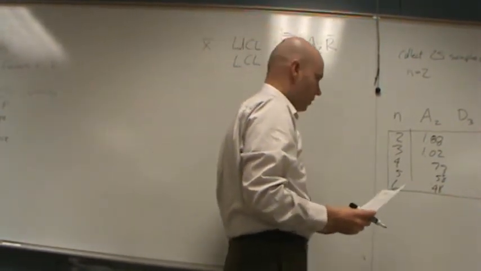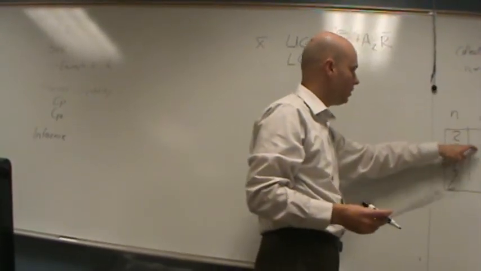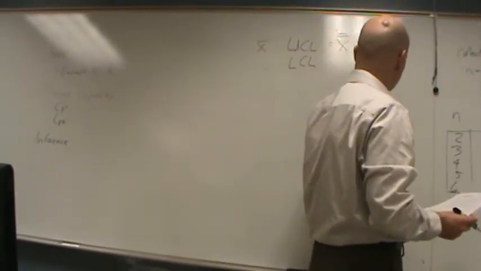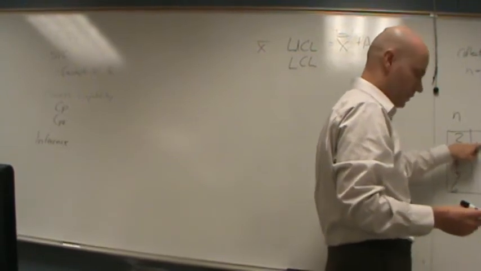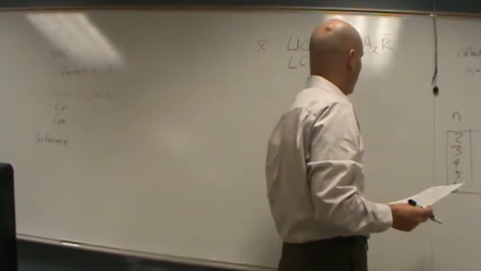If you're using n of 2, your A2 value is 1.88 times the range.